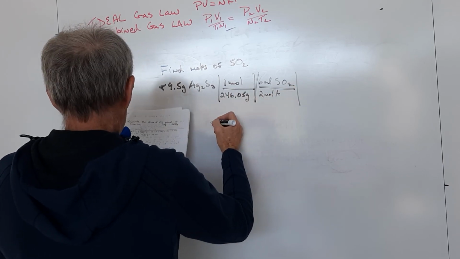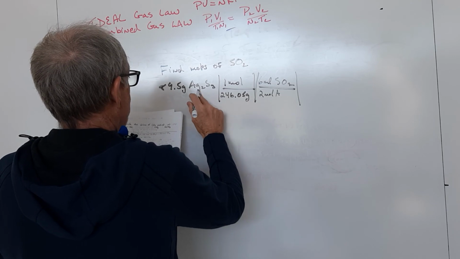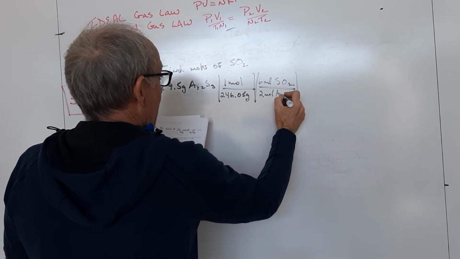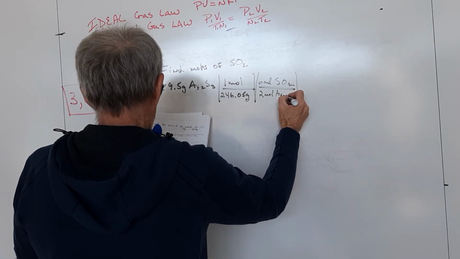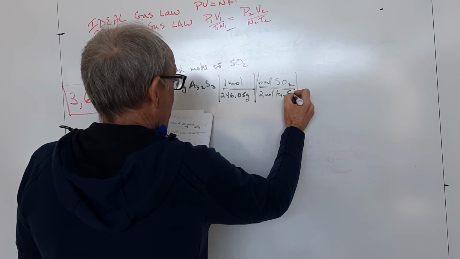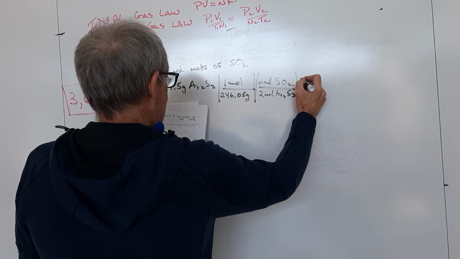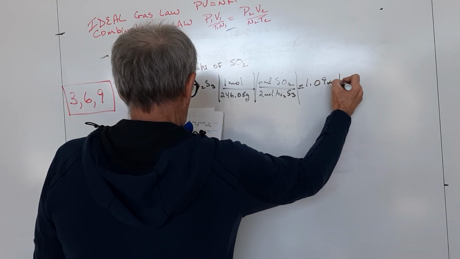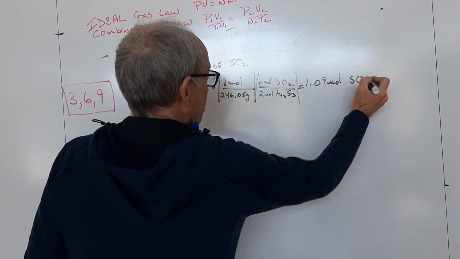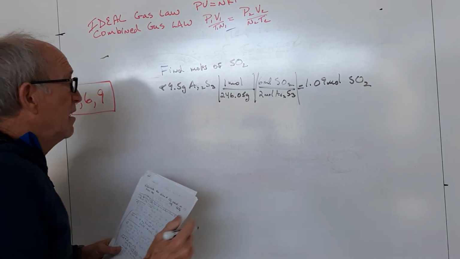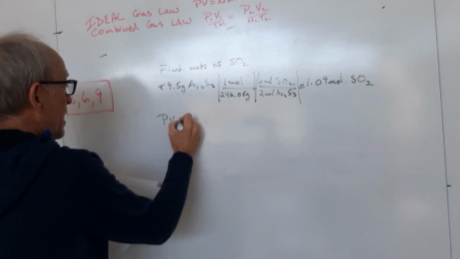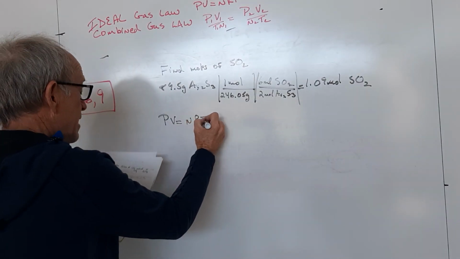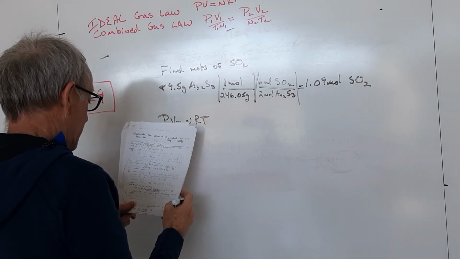Why did I say Ag? It's As. Excuse me, As2S3, and that gives me 1.09 moles of SO2.